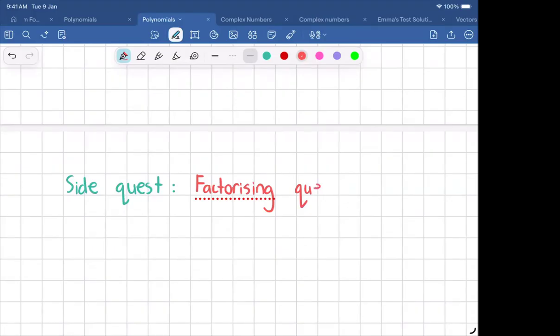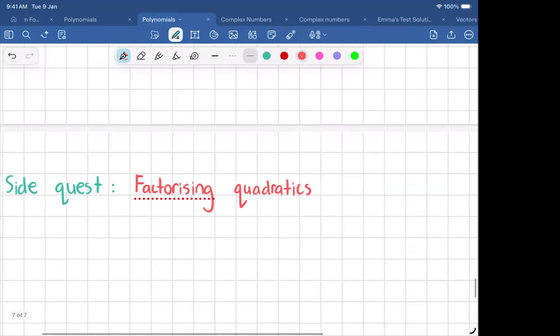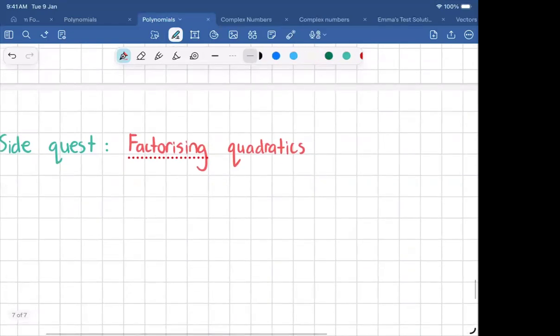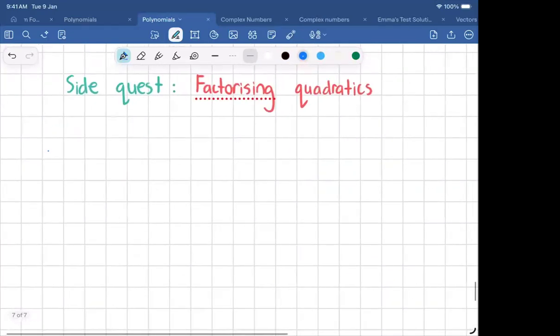Right? Factorizing quadratics. So let's handle the most simple case. There are two types of cases you need to know when you're trying to factorize a quadratic.